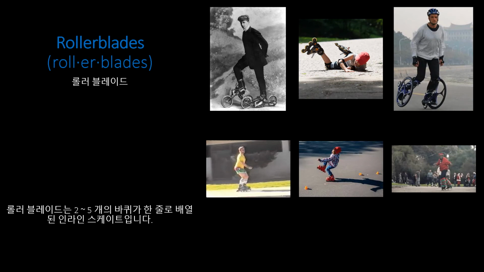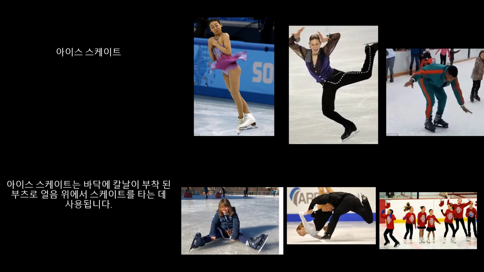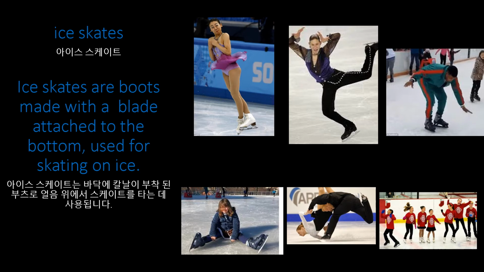Rollerblades. Rollerblades are inline skates with 2 to 5 wheels arranged in a single line. Ice skates. Ice skates are boots made with a blade attached to the bottom, used for skating on ice.